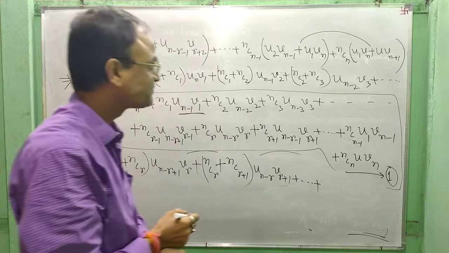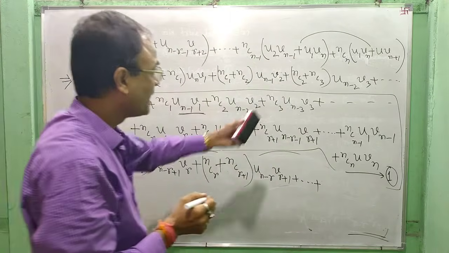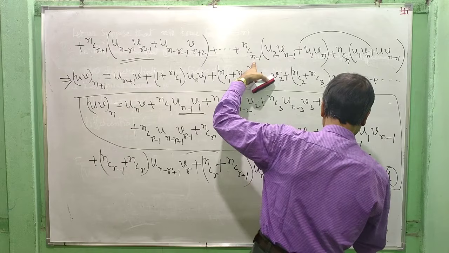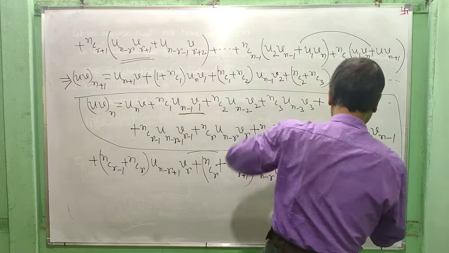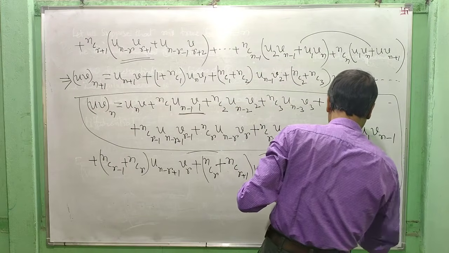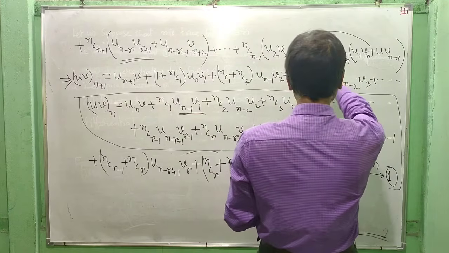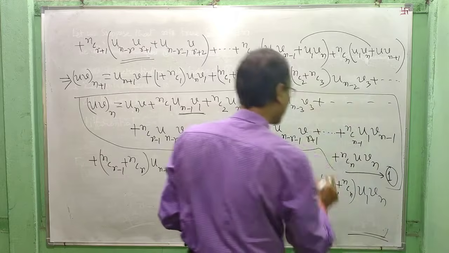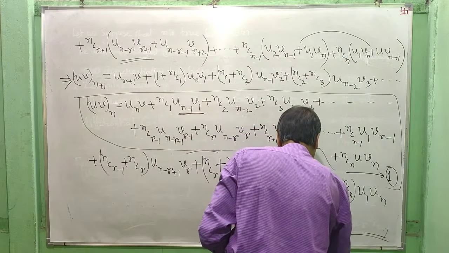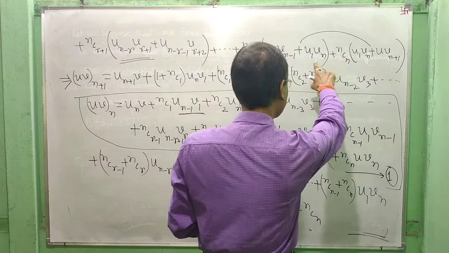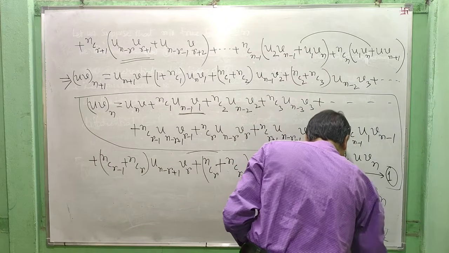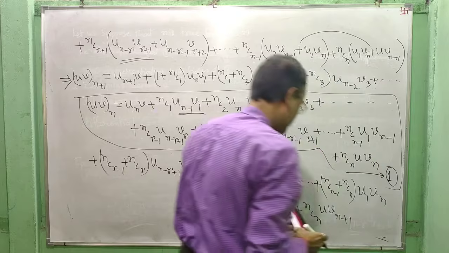These two terms: (nC(n-1) plus nCn) u1 vn, plus last term is nCn u v(n+1).